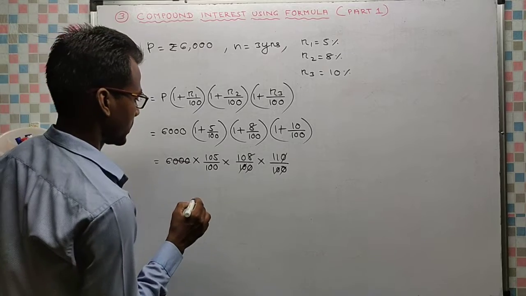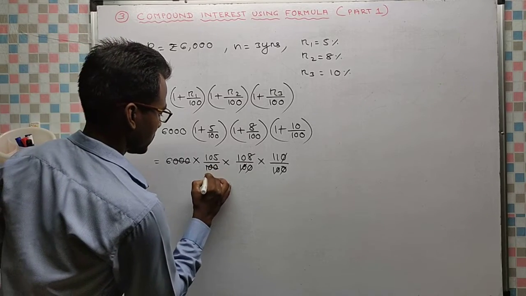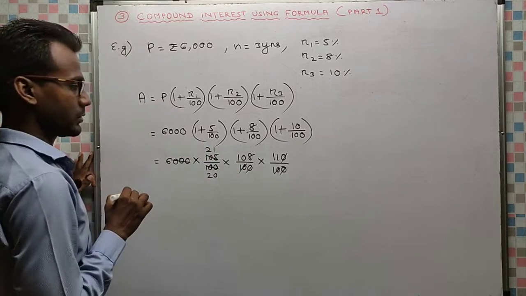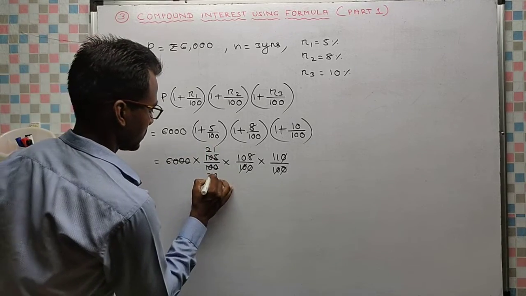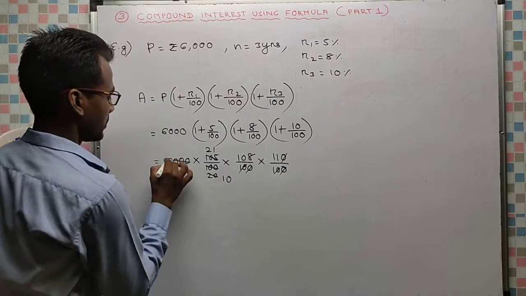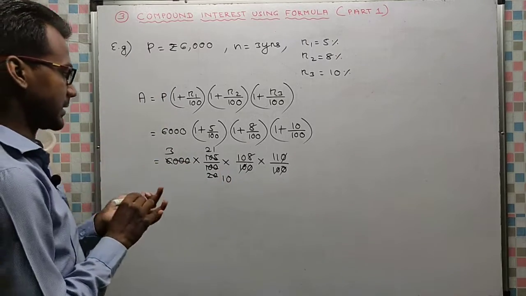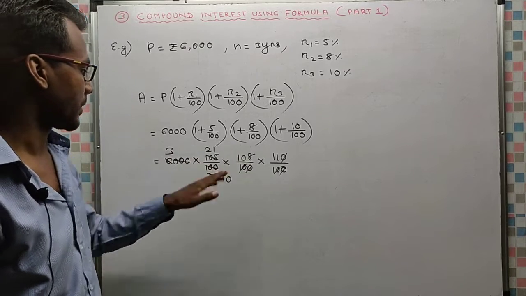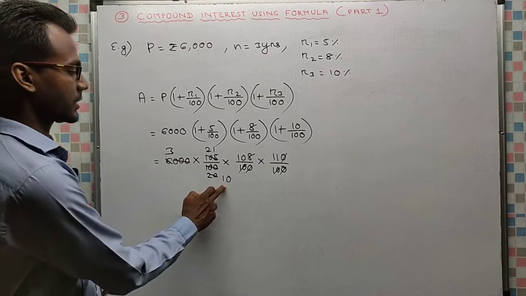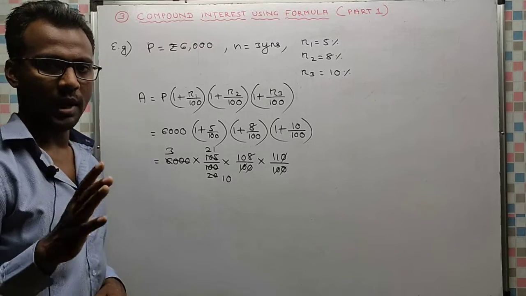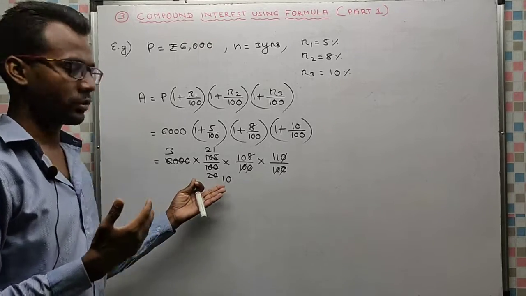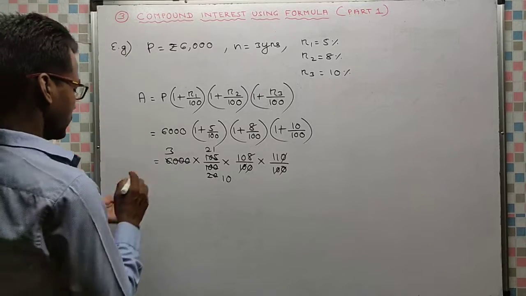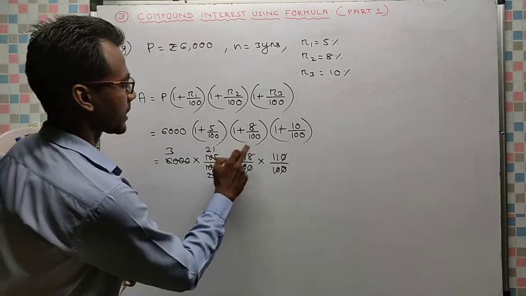Then 5 20 is 100. 5 21 is 21 25. 2 10 is 20. 2 3 is 6. So 3 into 21 into 108 into 11 by 10. I can further simplify 10, but I will get 5. So it is better to keep 10 because it is very easy to divide by 10. So let us multiply 3, 21, 108 and 11.